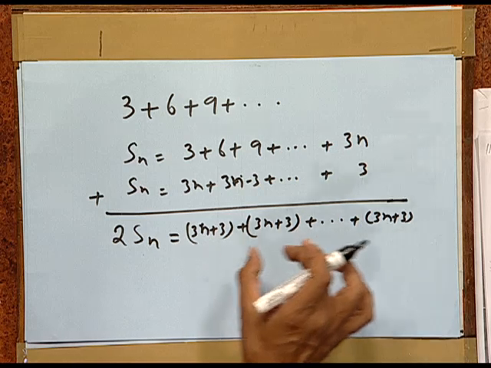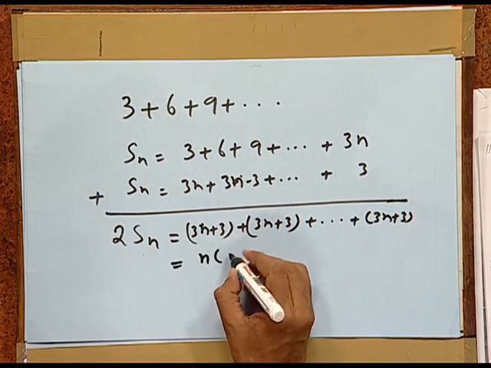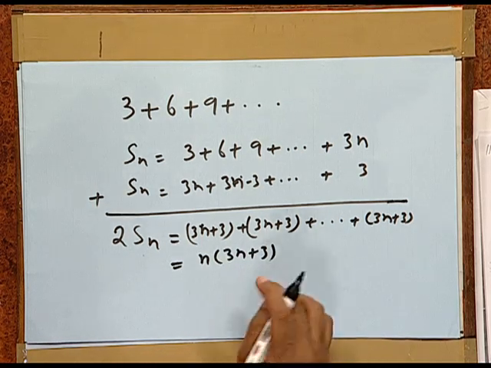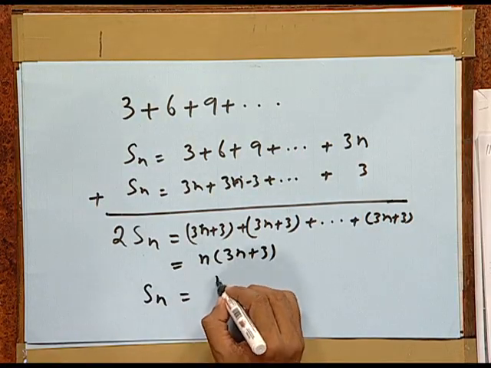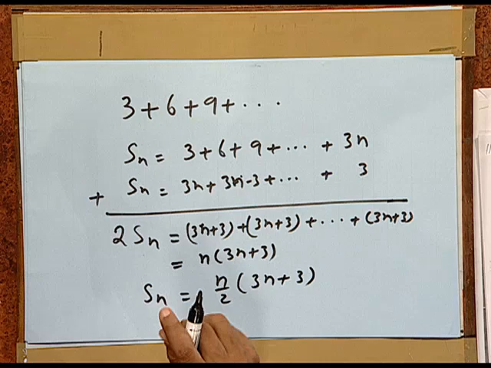So, in this sum we get 3n plus 3 occurring exactly n times. So, it equals n times (3n plus 3). Now, mind, this sum is the value of 2Sn. So, we get Sn is equal to n by 2 times (3n plus 3). Now, what we did? We found the sum of n terms for a particular series.